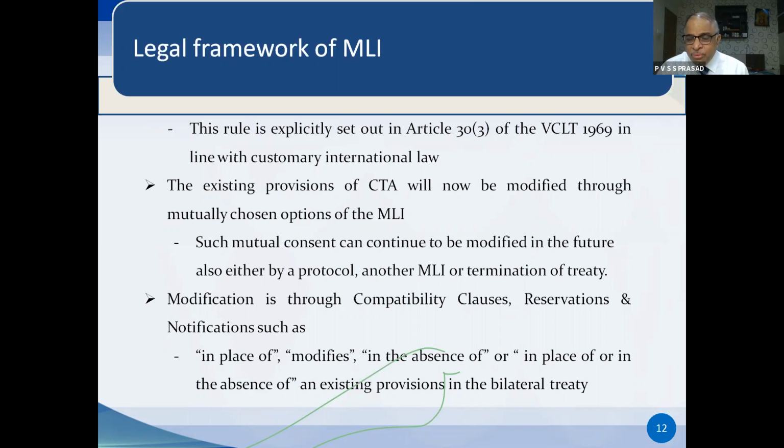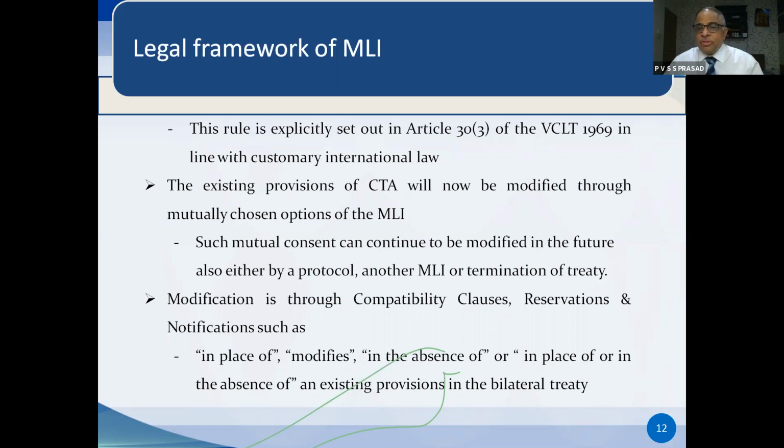MLI is to be viewed as a subsequent agreement entered into between the treaty partners, say India and UK. Both have ratified their instruments, both have notified this India-UK tax treaty as a covered tax agreement, and both have given their option. Definitely that would impact and modify the existing India-UK tax treaty.